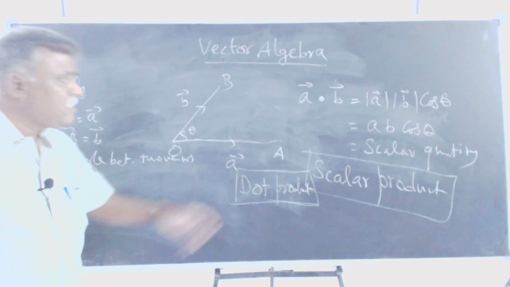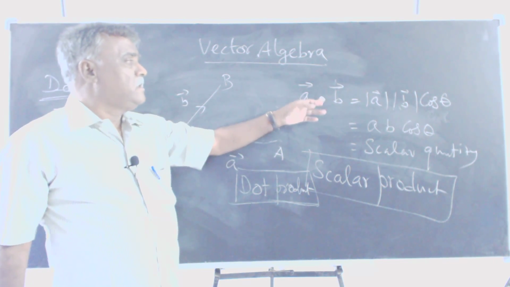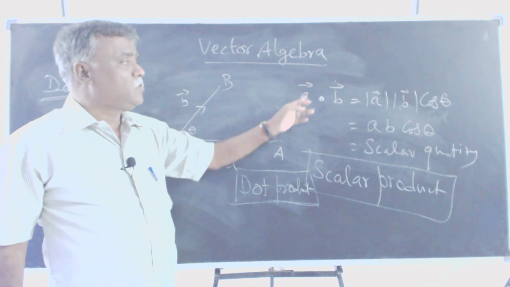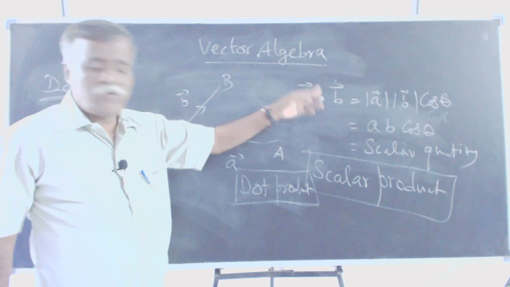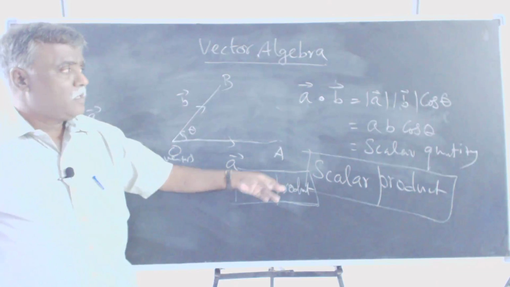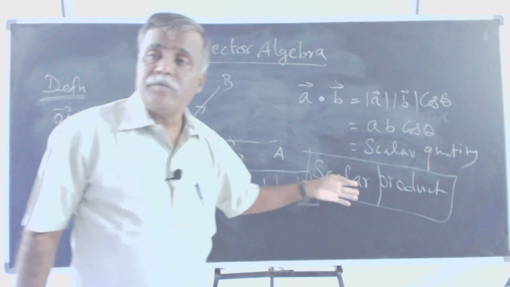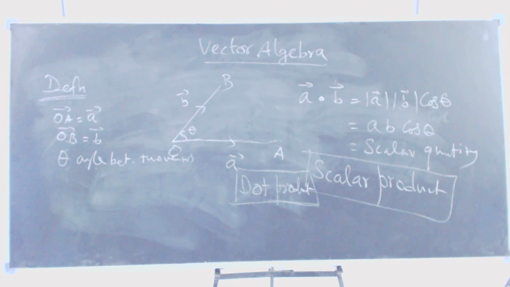Why the name dot product? Because of the geometrical appearance. Dot in between the two vectors, dot. That's why we call it as dot product. The result of this dot product is a scalar quantity, and therefore the product is known as scalar product. Therefore, there are two names for this: dot product and scalar product.